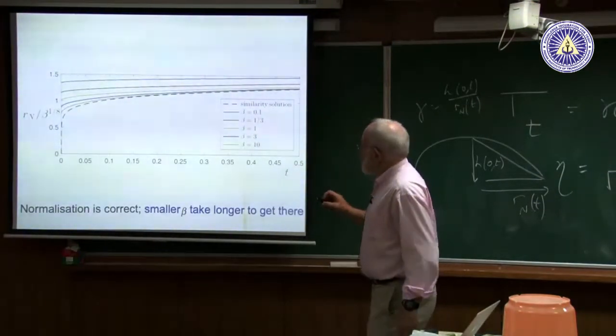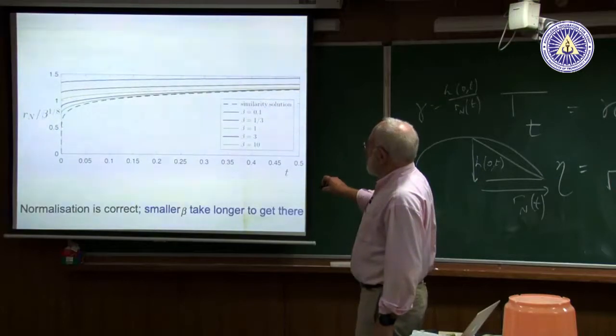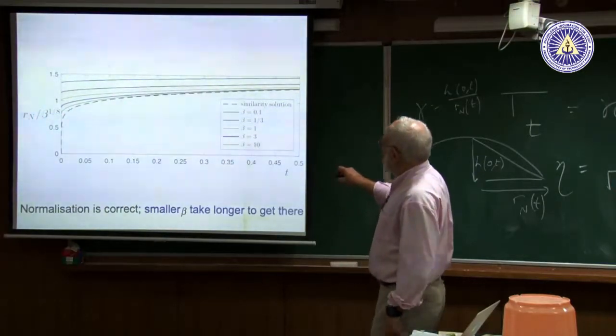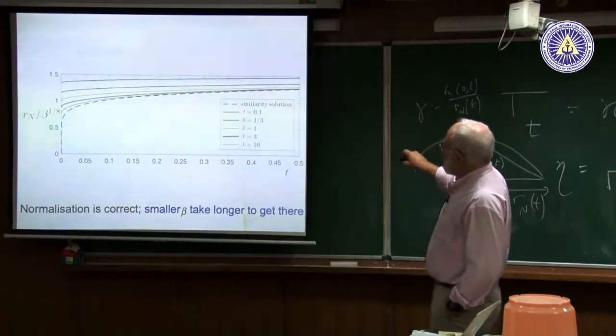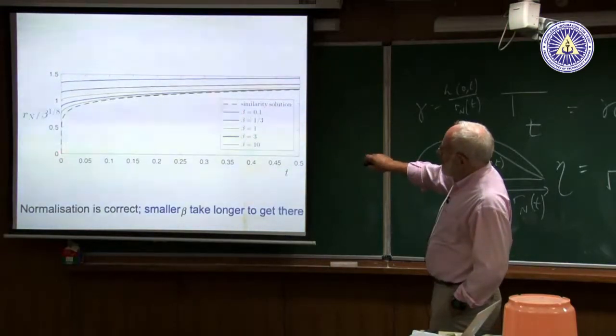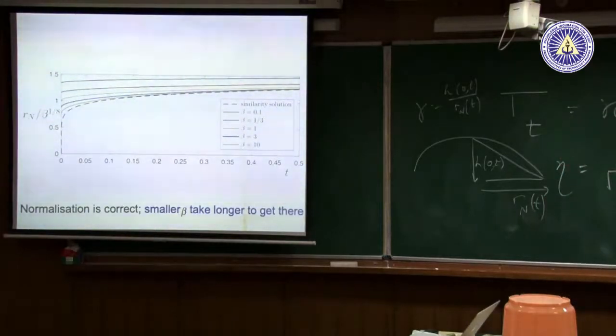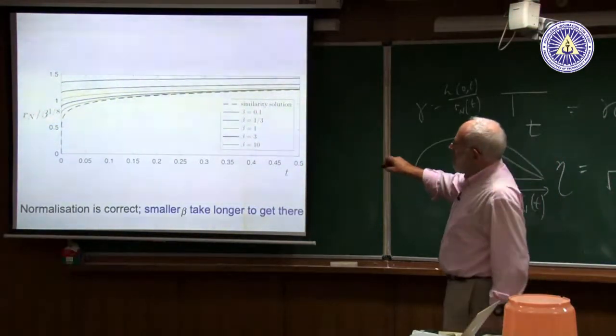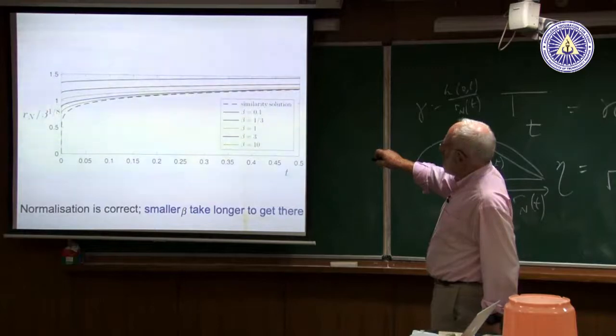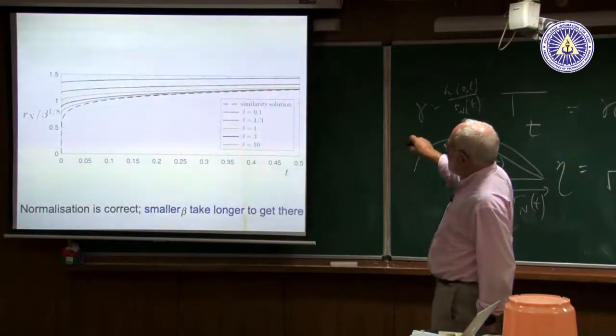Well, now if you divide the radius by beta to the 8th for different values of beta, this is the similarity solution that starts at 0, because you've got the t on the bottom here. You normalize it by beta to the 8th. Here's the similarity solution.